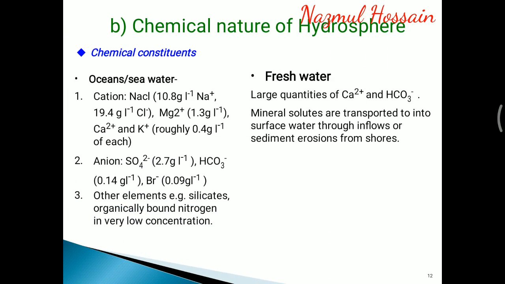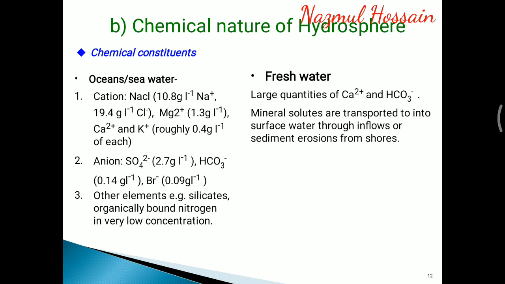Chemical nature of hydrosphere. Chemical constituents of oceans or seawater: cations are sodium, chloride, magnesium ion, calcium ion, potassium ion. The anions are sulfate, bicarbonate, bromide.